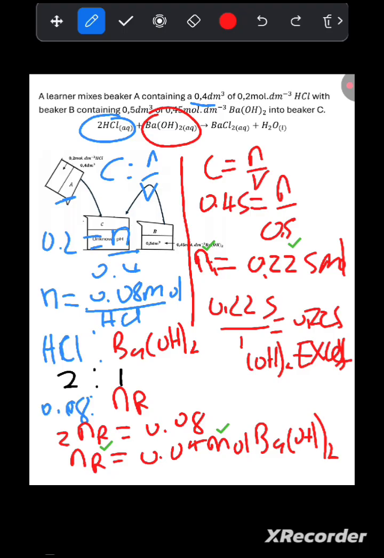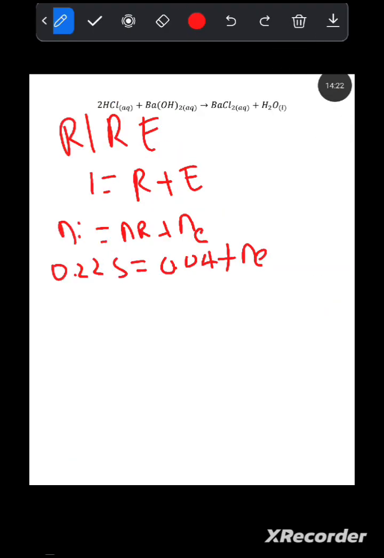Now after getting this, we must get the excess number of moles.